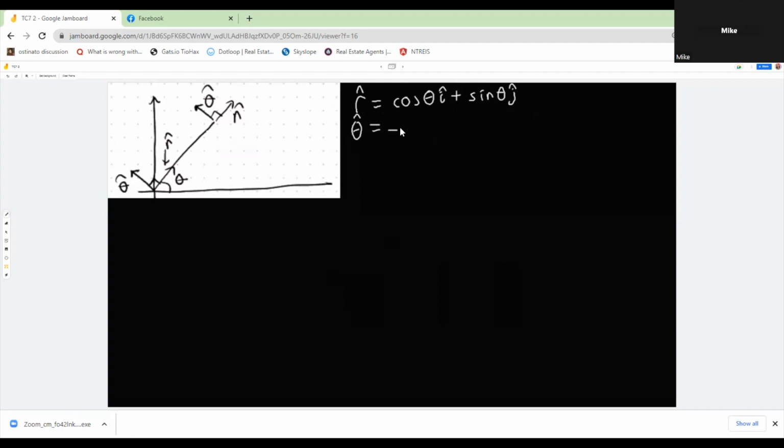So, this one is cosine. Ah, mali. Tama. Or kung gusto mo, cosine of theta plus pi over 2.